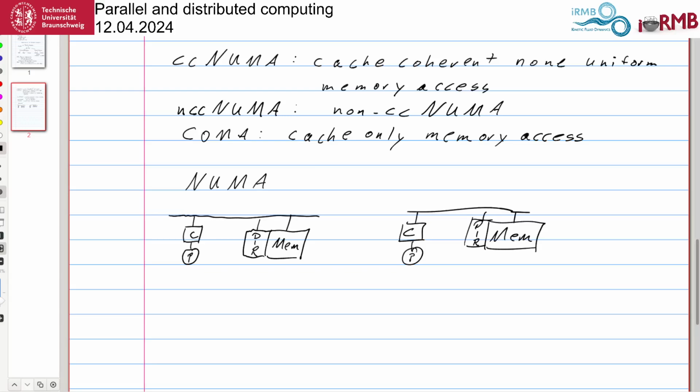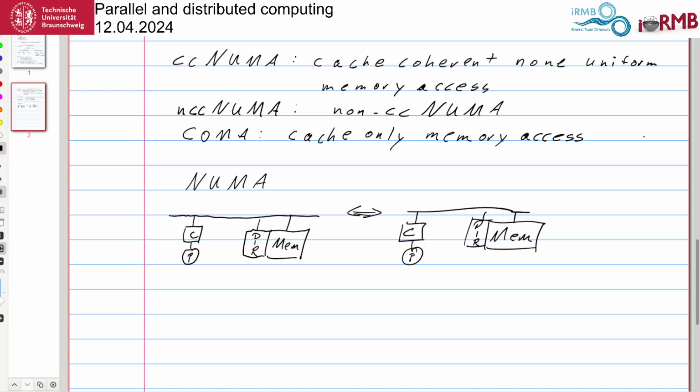So you see, this is distributed memory. The left compute node has its own memory and its own cache, and the right compute node has also its own memory. And the two now should exchange data.